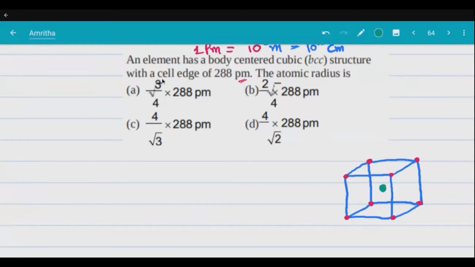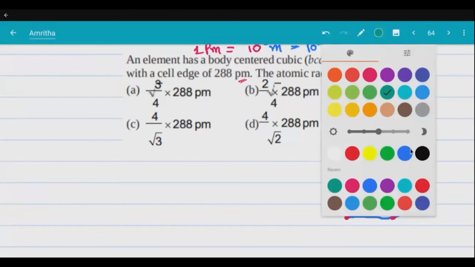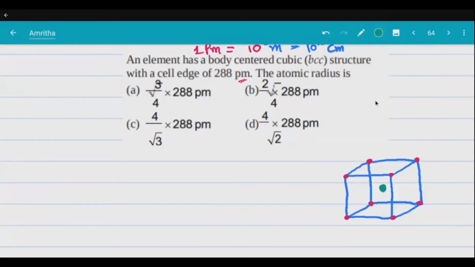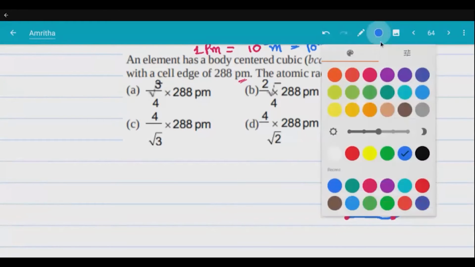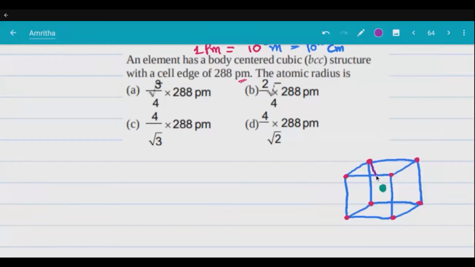So look at this. They're asking about distance. If I place a particle at red and a particle at green, what is the distance here? Do you know? It is exactly half of the body diagonal. One atom is touching another atom.